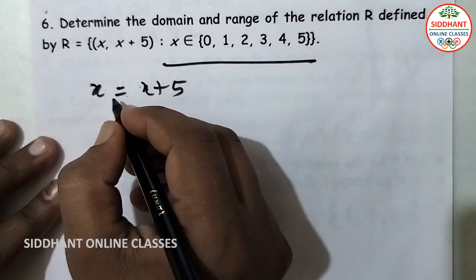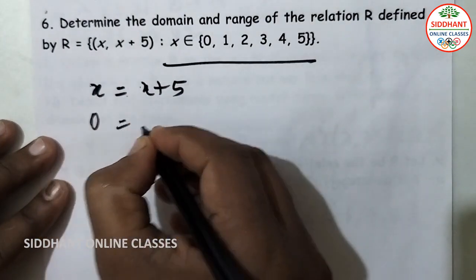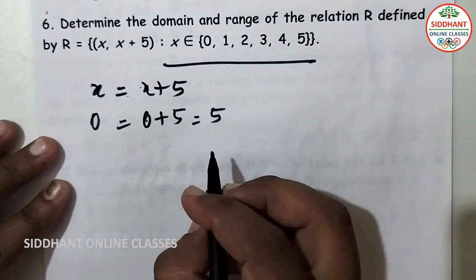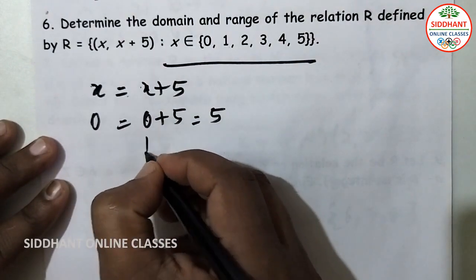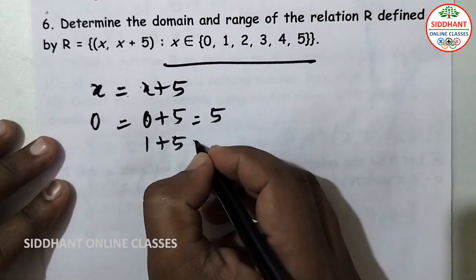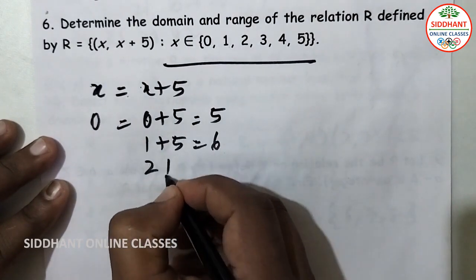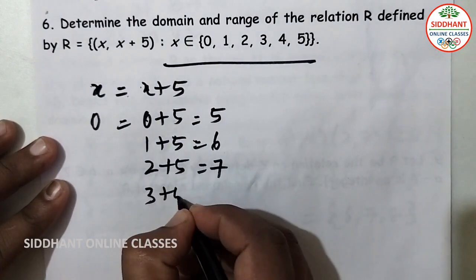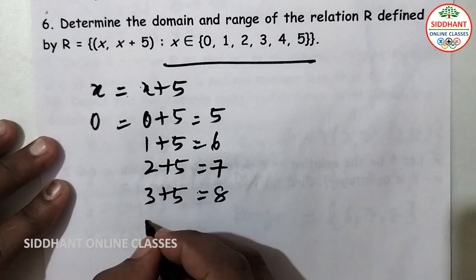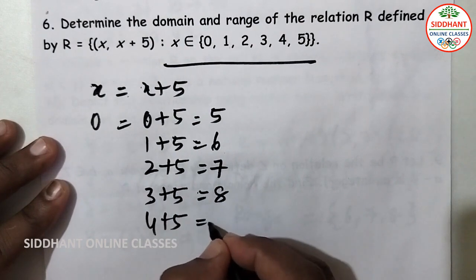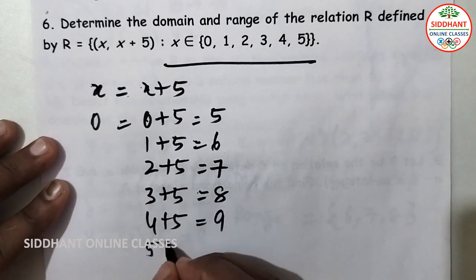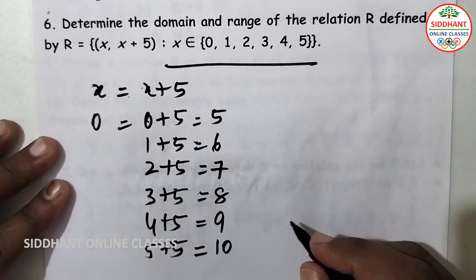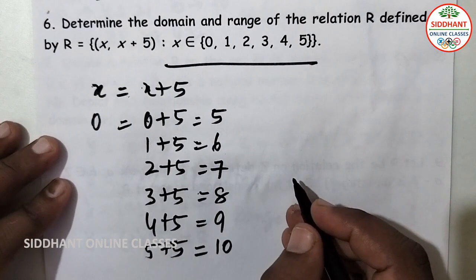So when you are going to input 0, that will be 0 plus 5, so you are going to get 5 as output. Next 1 plus 5, that will be 6. 2 plus 5, that will be 7. 3 plus 5, that will be 8. 4 plus 5, that will be 9. 5 plus 5, that will be 10 here.